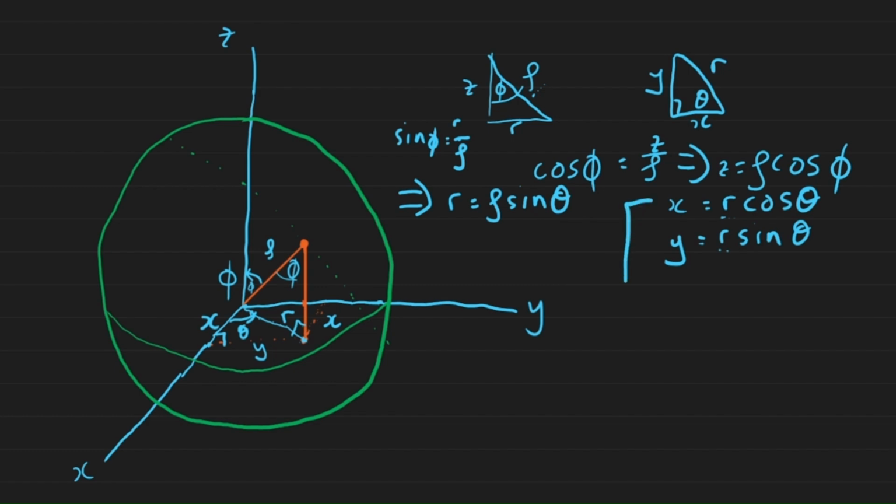We can simply see that x is equal to, we substitute in rho sine phi for r. So x now becomes rho sine phi multiplied by cos theta. Instead of theta here, it should be phi. My apologies.